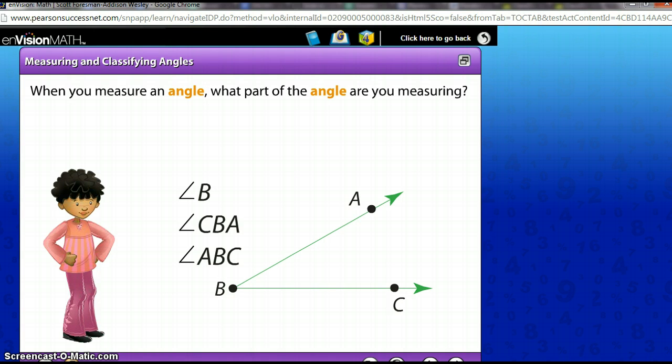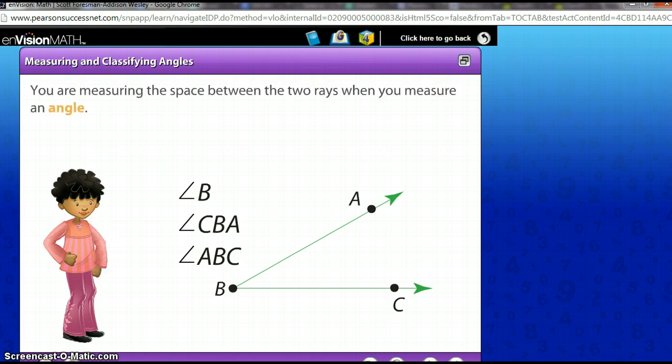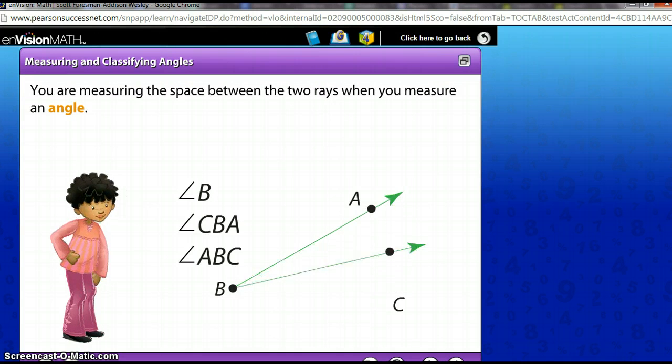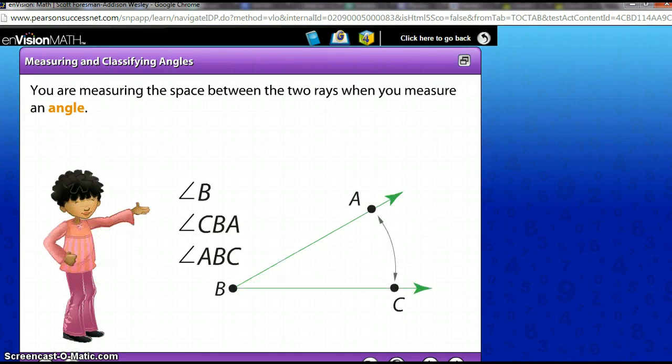Like the distance between A and C. Okay. What do you think, Alex? The degrees. I've got 3 answers. Let's see who was closest. You are measuring the space between the 2 rays when you measure an angle. Who got closest to what we're doing here? Kyle did. That's right. He said the distance between A and C, and he was correct.